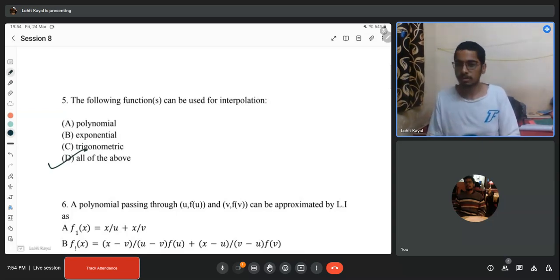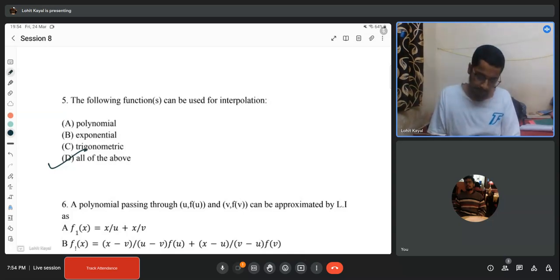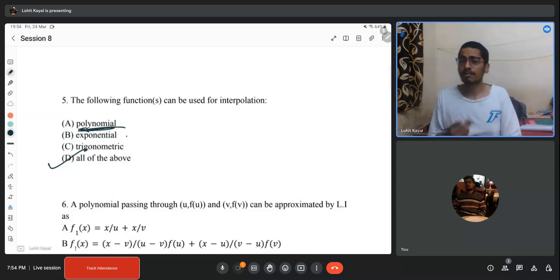But the next obvious question that should come is: why do you use polynomial functions? Because polynomial functions are very easy to deal with. We can very easily differentiate it, integrate it, double differentiate it, anything. The formula is very simple. So polynomial is a very suitable, easy choice compared to the others, exponential, trigonometric, or some complicated function.